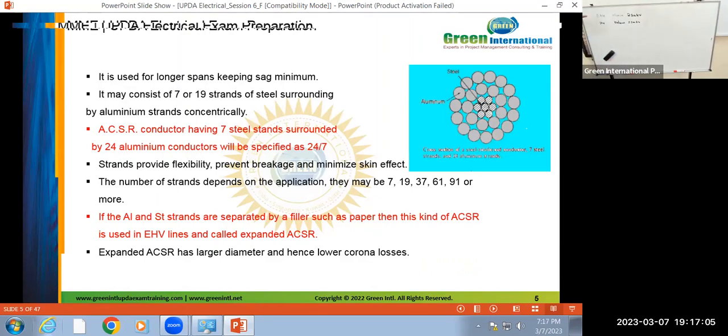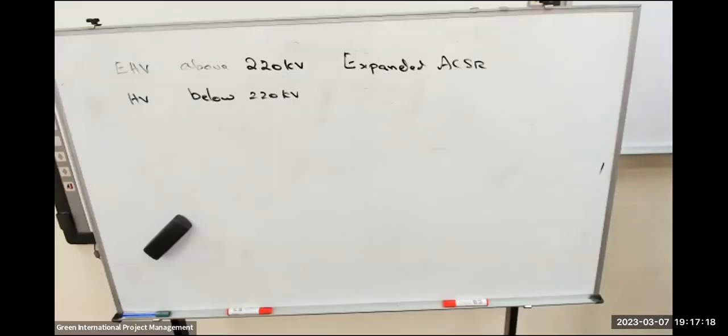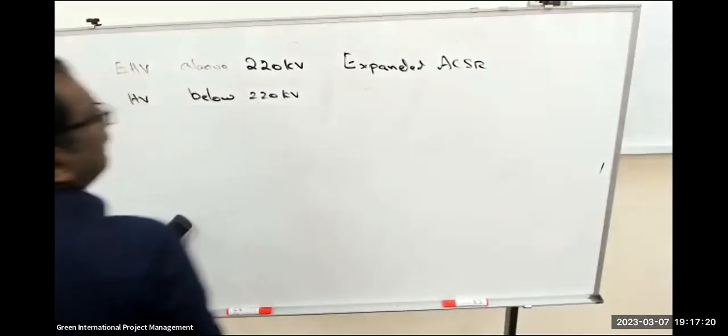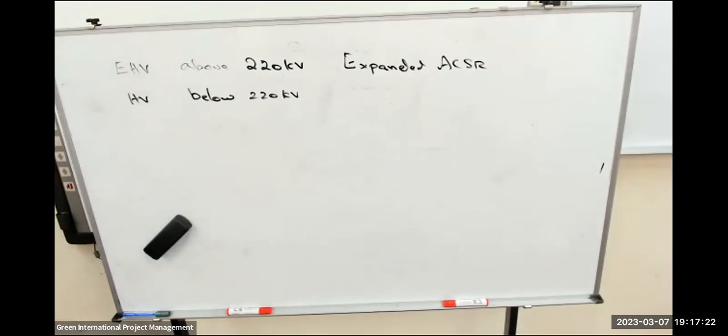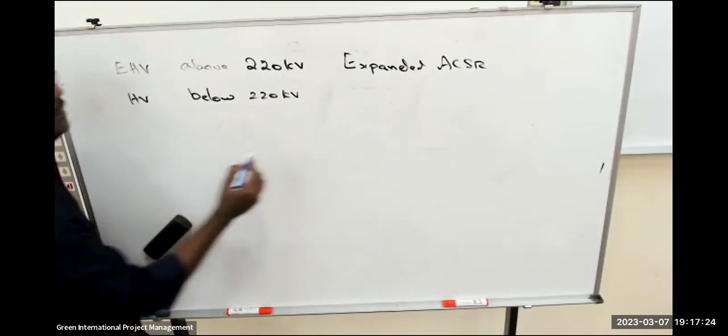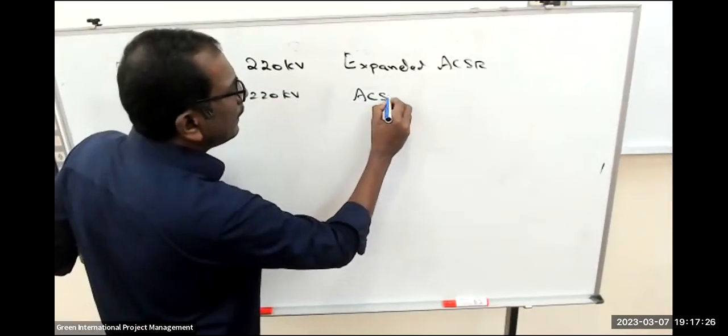So above 220, that is the EHV line, we use expanded ACSR conductors, and in the HV line we use ACSR conductors.